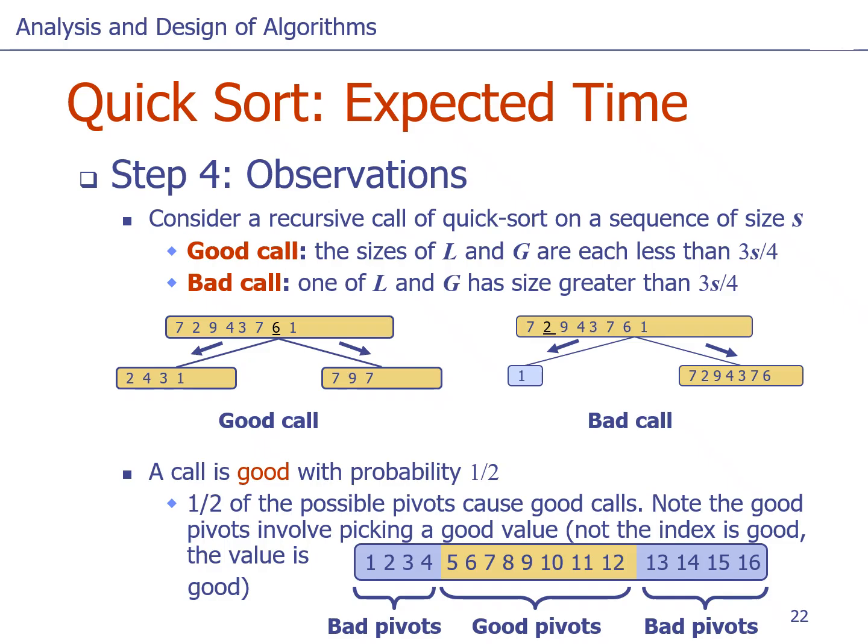So it turns out actually that anywhere in the yellow region will give me not necessarily an equal split, but an acceptable split. A good split, we will call it. The criteria is 3/4: each of L and G is less than 3/4. Or it should be really either L or G is less than 3/4 and the other one will have the rest. But I'm talking here, in English terms, L and G are each less than 3/4.